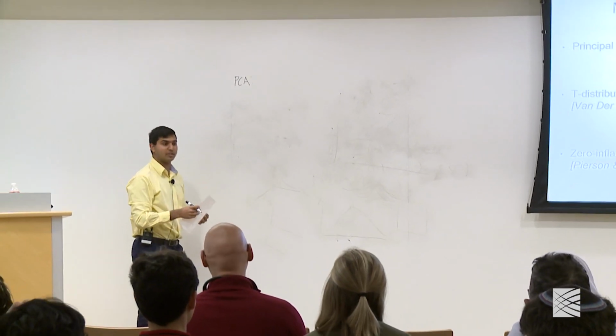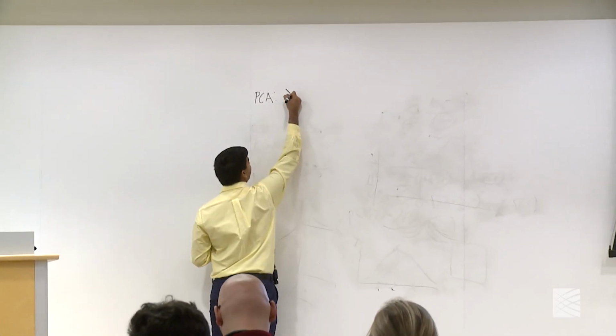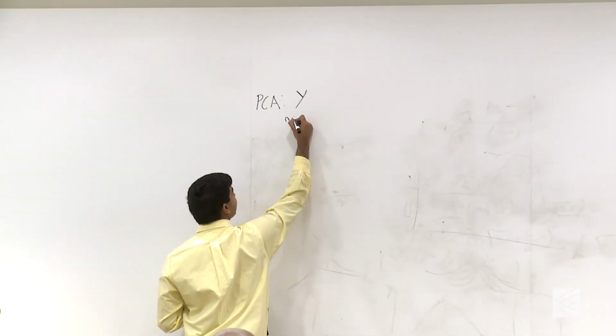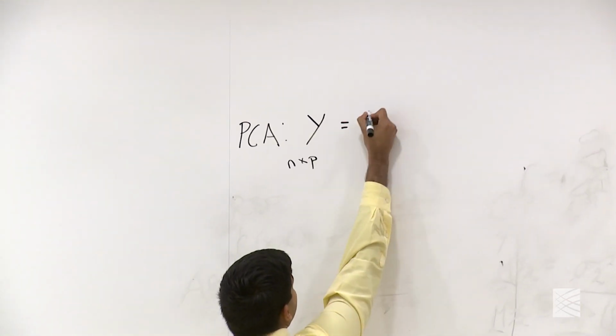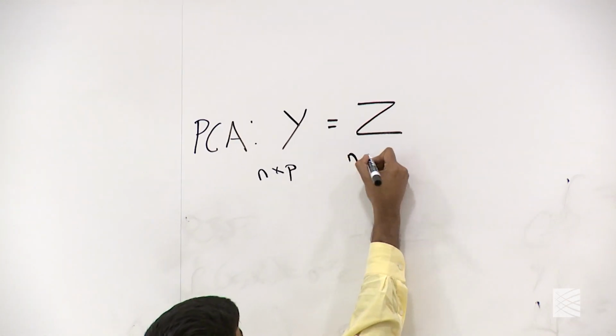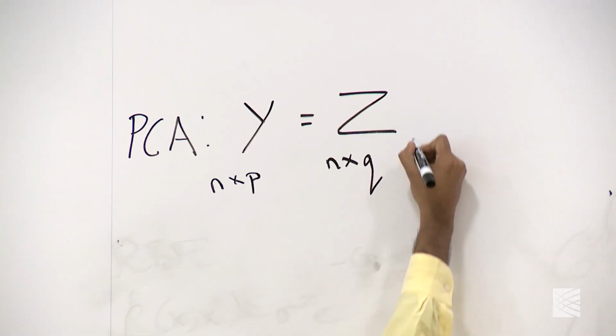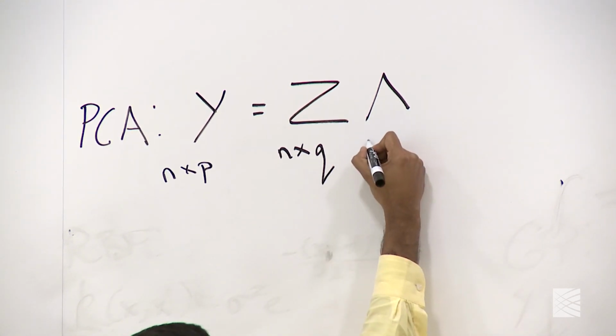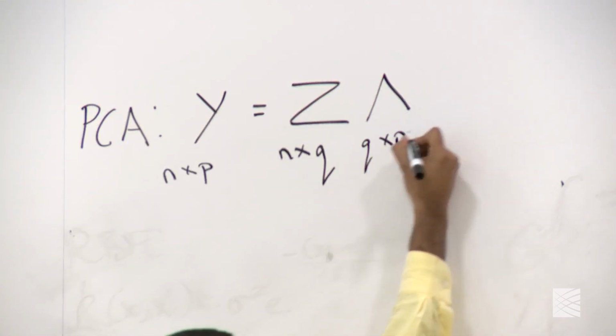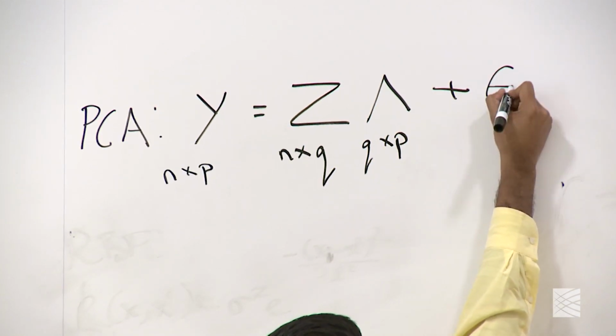PCA is just a matrix decomposition where we say that our high dimensional observations, n by p, come from some latent space and then are linearly transformed by some factor loadings plus a noise term.